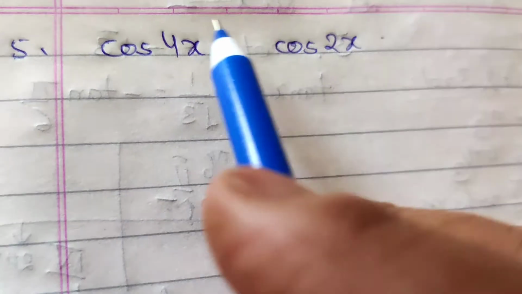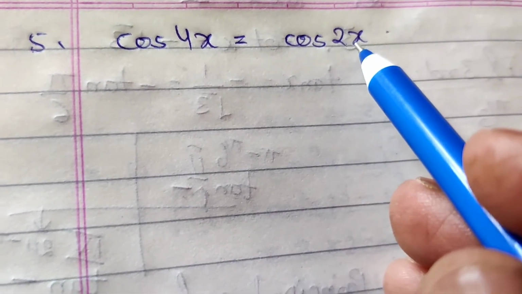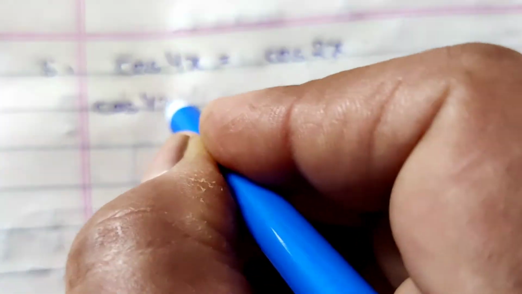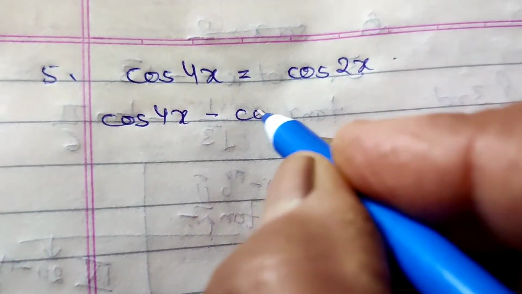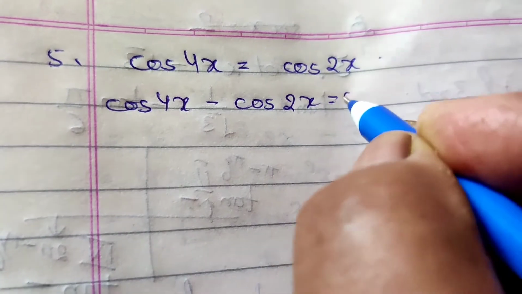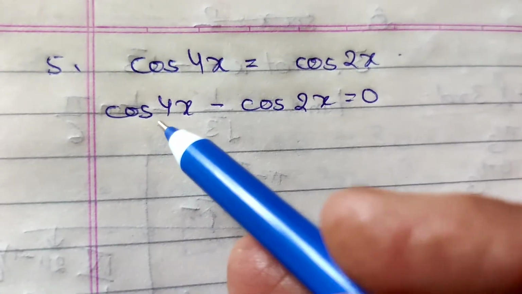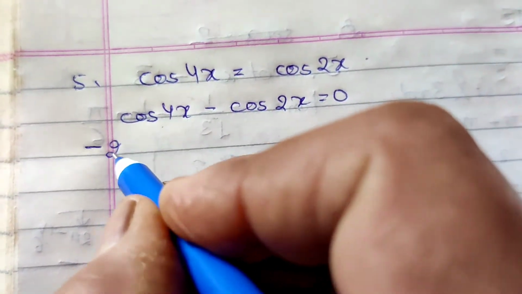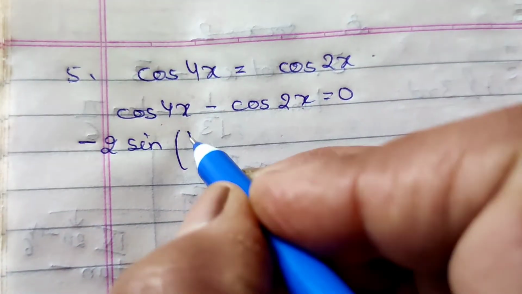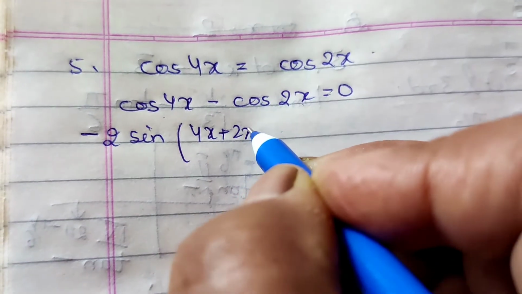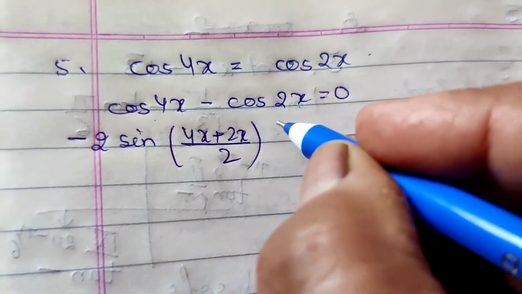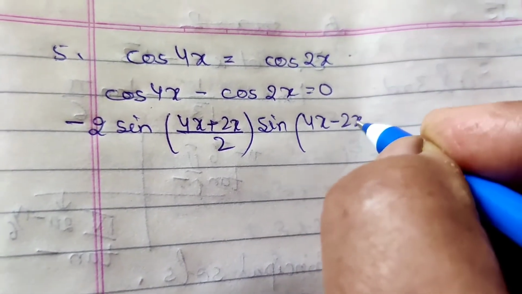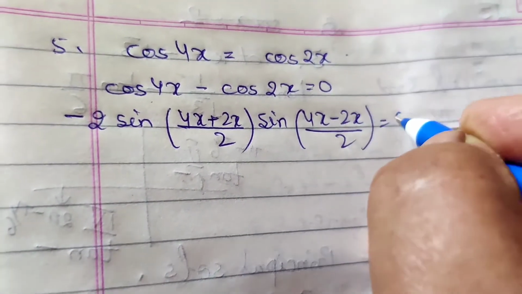Question number 5 is cos 4x equal to cos 2x. We can write this equation as cos 4x minus cos 2x equal to 0. Now put the formula of cos A minus cos B, which is minus 2 sin (A plus B) by 2 sin (A minus B) by 2, equal to 0.